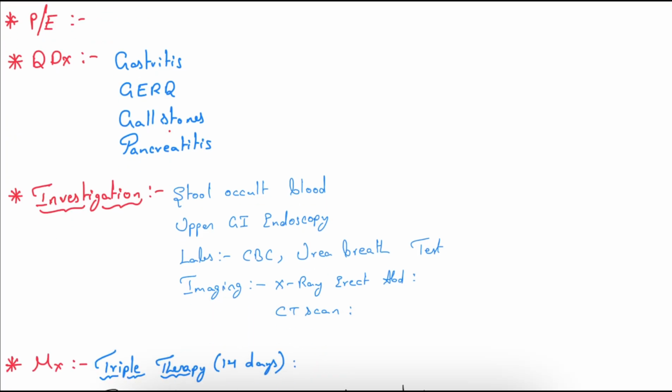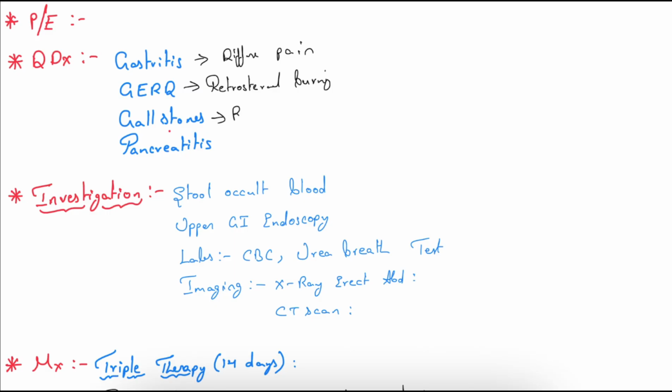Okay, next we have some differential diagnosis. If the doctor asks you to tell some differential diagnosis, you can tell them based on the patient's pain site. First one, gastritis will mimic PUD, where the patient will get diffuse pain. Next we can see GERD. In GERD you can see retrosternal burning.